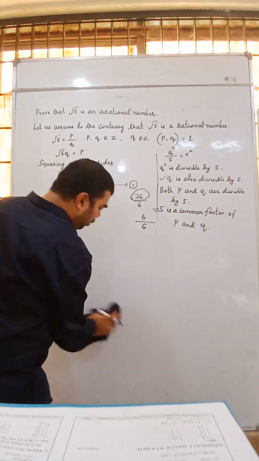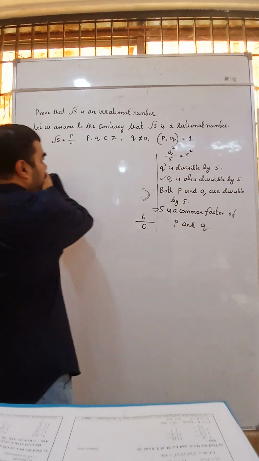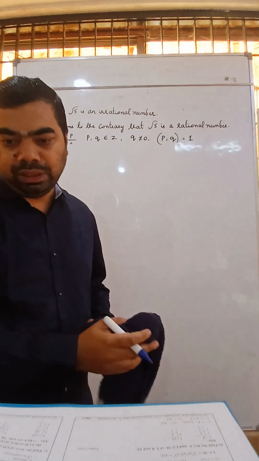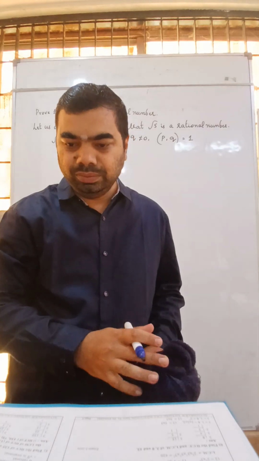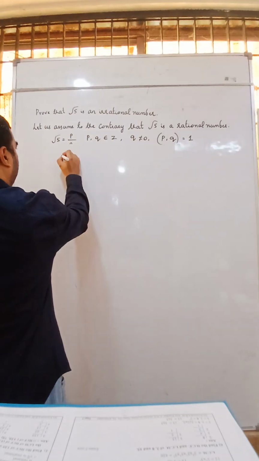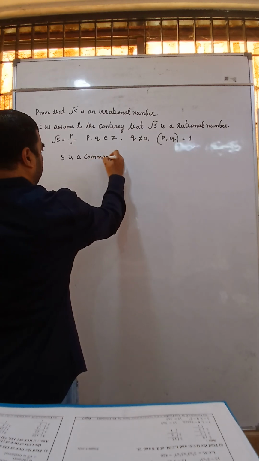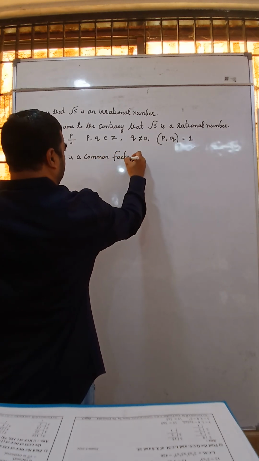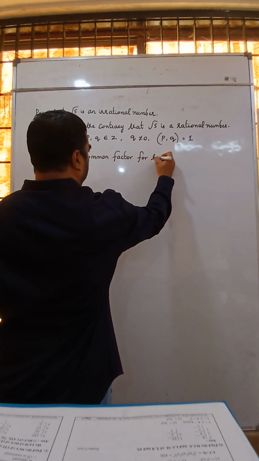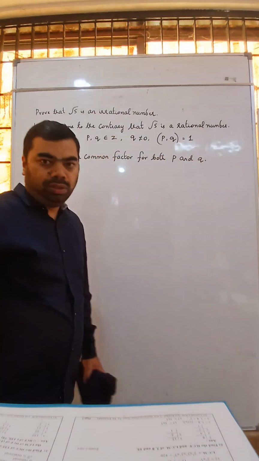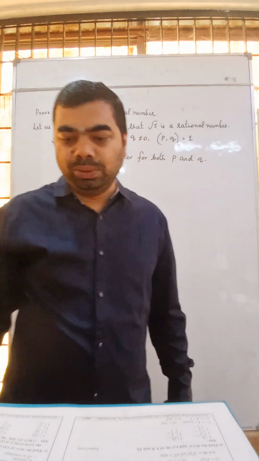So continuing the problem, we can say that 5 is a common factor for both p and q.